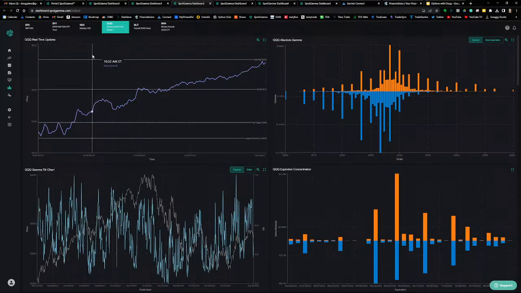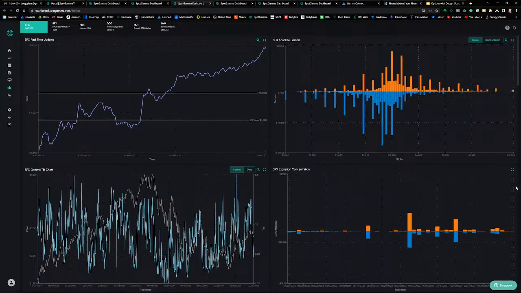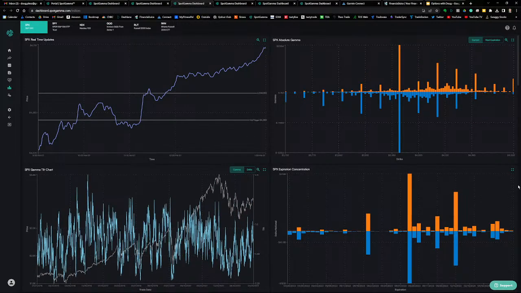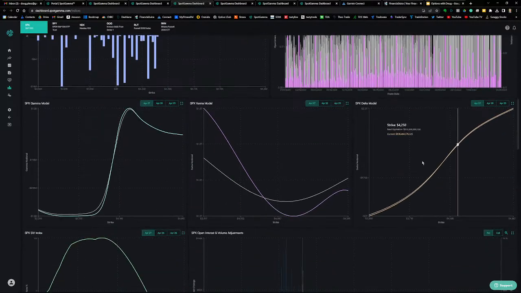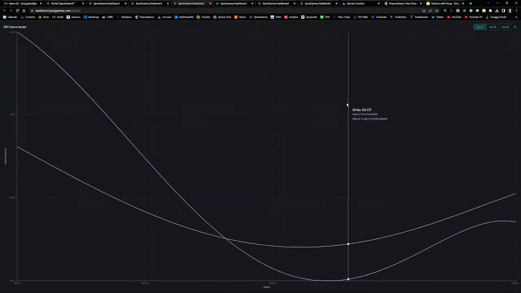All right, one other thing to take a look at is the Vanna model. This is for SPX. And what this is showing is how market makers' delta notional or delta exposure changes with changes in price.